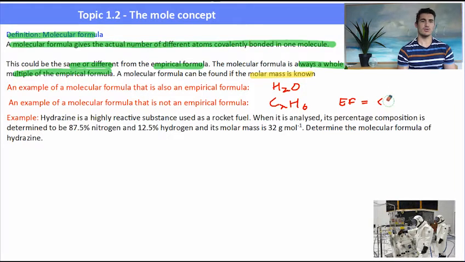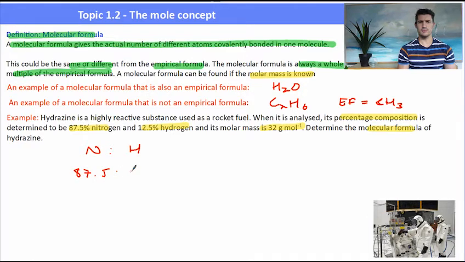So here we're given a chemical. We're told that we have 87.5% nitrogen, 12.5% hydrogen, and we're given its molar mass. The first thing we need to do is determine the empirical formula. So we set up our ratio between nitrogen and hydrogen, put in the percentages, and divide by the molar mass of the elements.